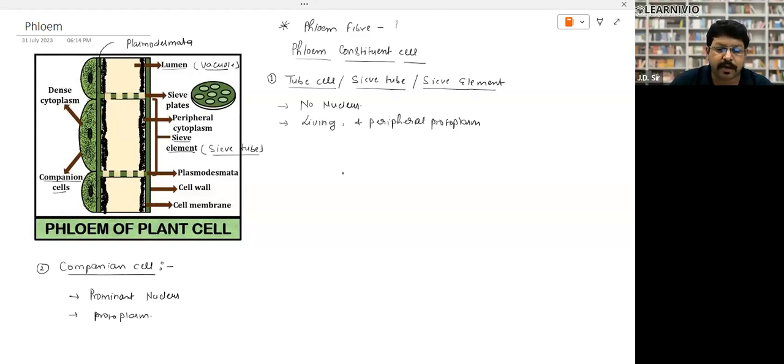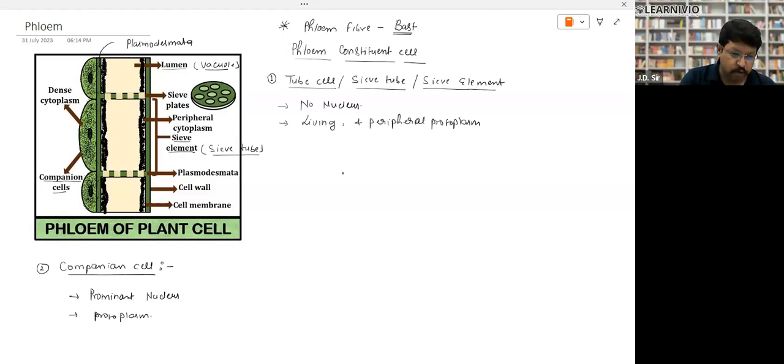So phloem fiber is also known as bast, B-A-S-T. If the term bast is written anywhere, it means they are talking about the phloem. Remember that, don't forget it. You will find this question. So write down some of the facts on this.